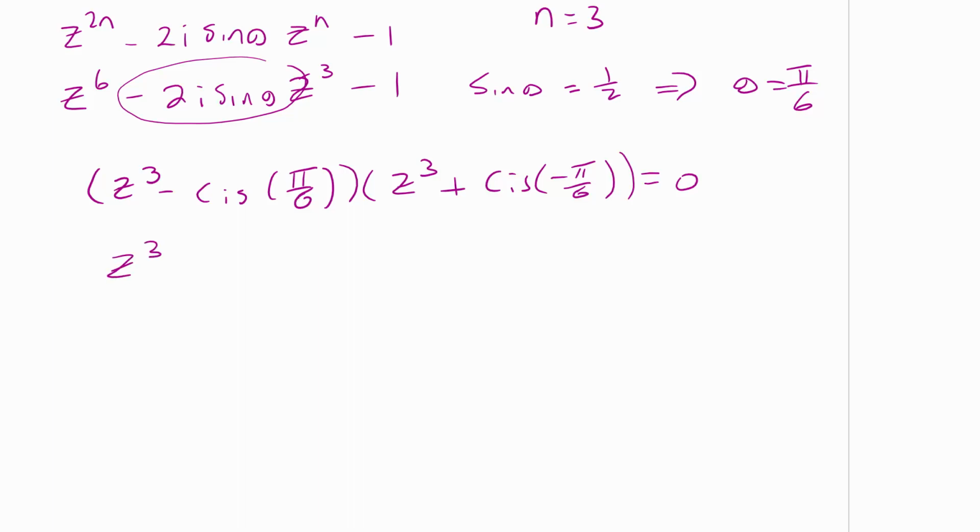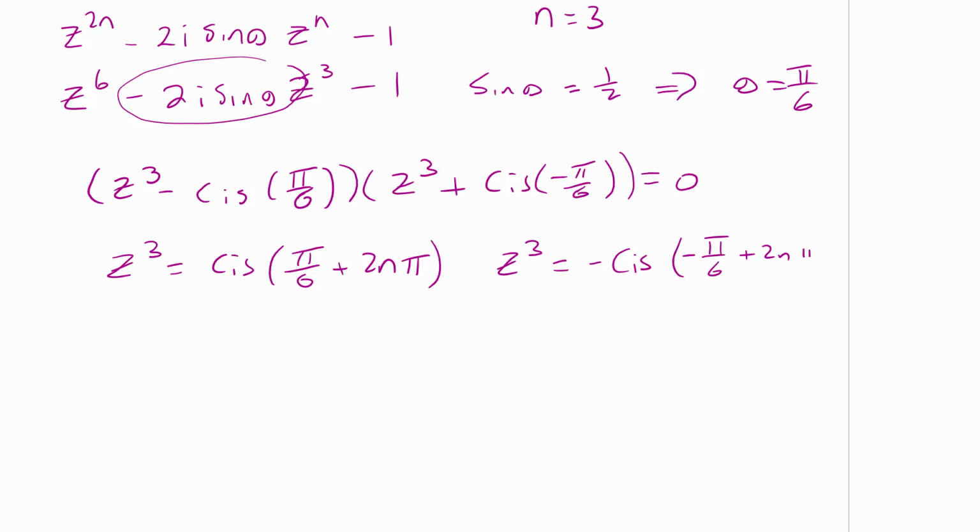So we can have that z cubed is equal to cis of pi by 6 plus 2n pi, or that z cubed is equal to negative cis negative pi by 6 plus 2n pi, where n is an integer.